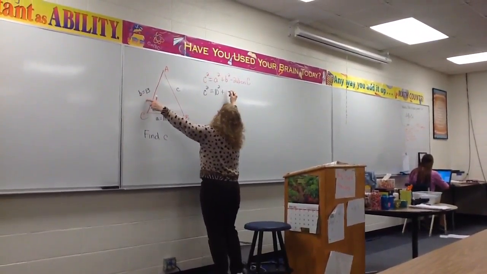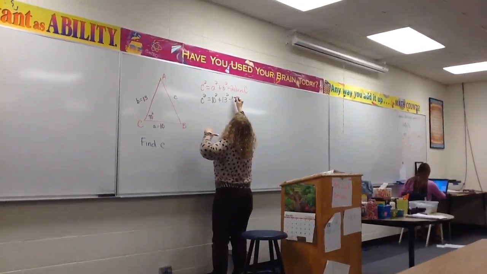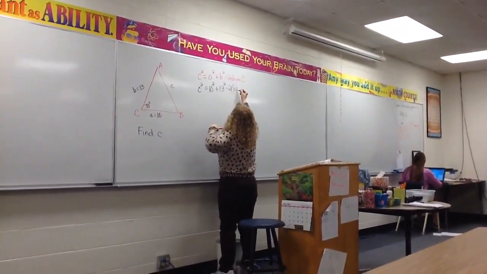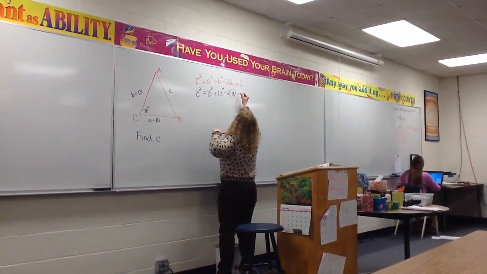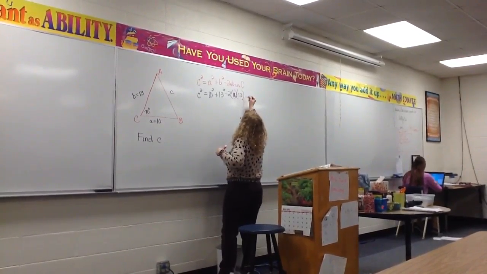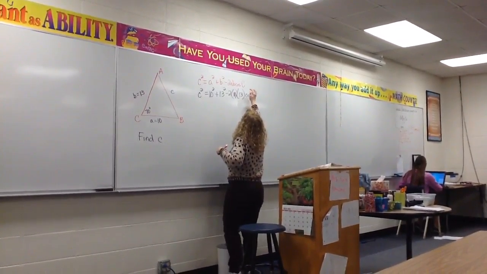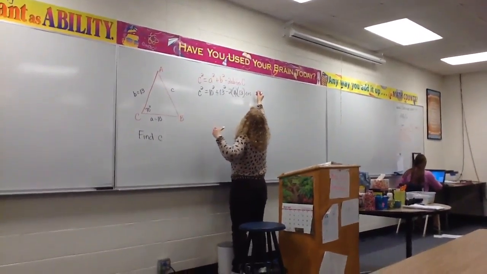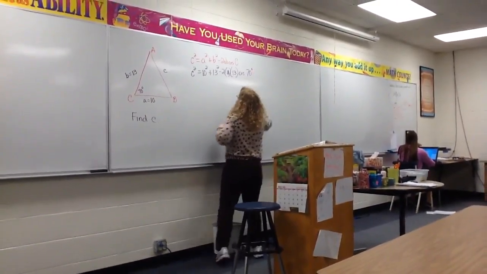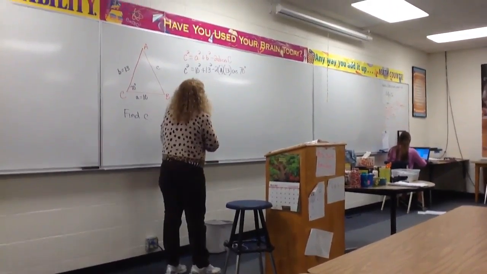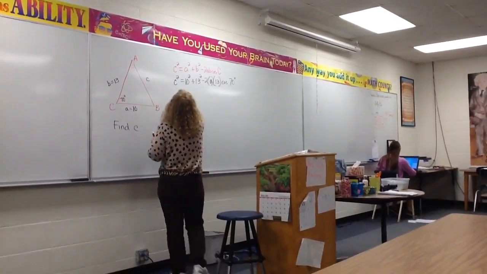What is side B? A is 10, whoops. B is 13 times the cosine of what's angle C? 70. And then it's just a matter of doing the algebra and working it out.